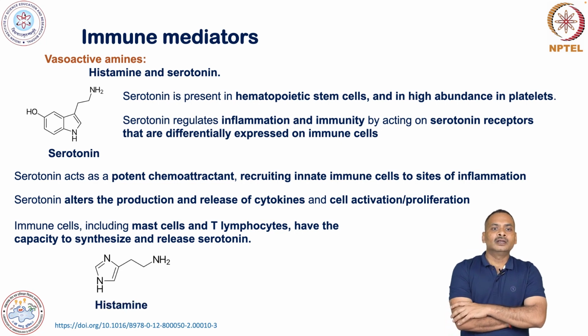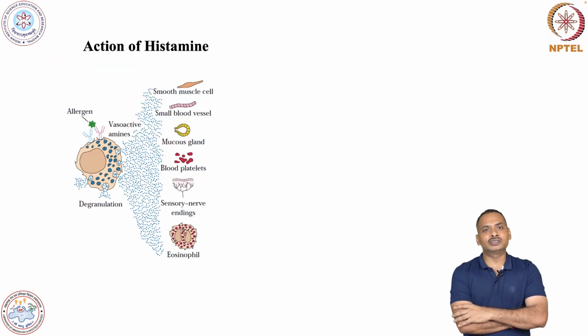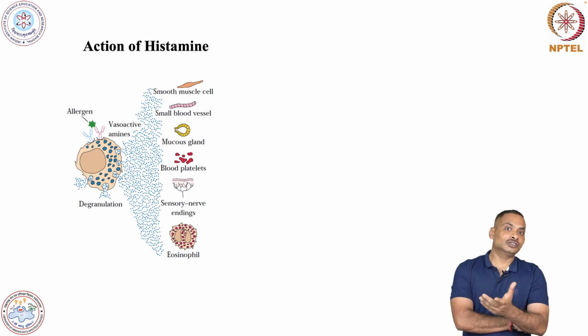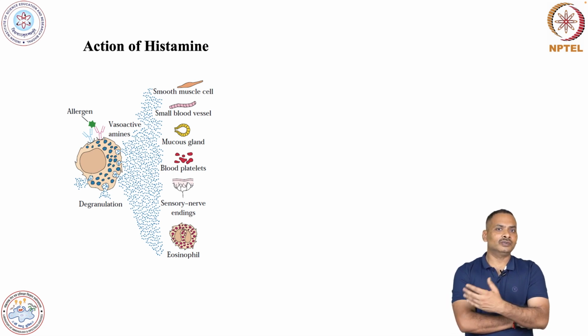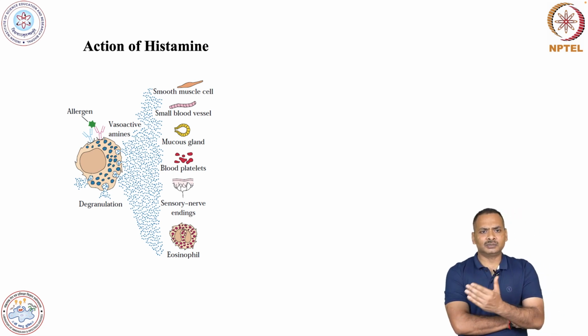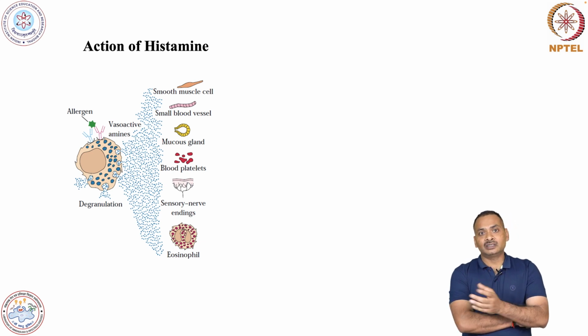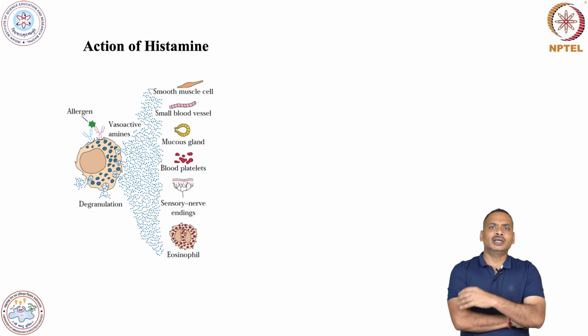Now, another is histamine. I will just quickly brush up on histamine. Histamine is produced mainly by mast cells as well as eosinophils and basophils, and they act on various systems. For example, they act on smooth muscles, small blood vessels, mucous glands, blood platelets.